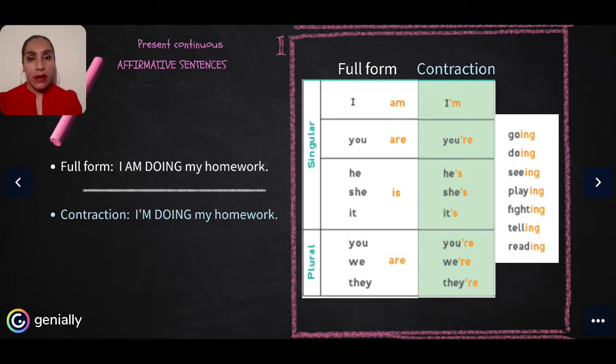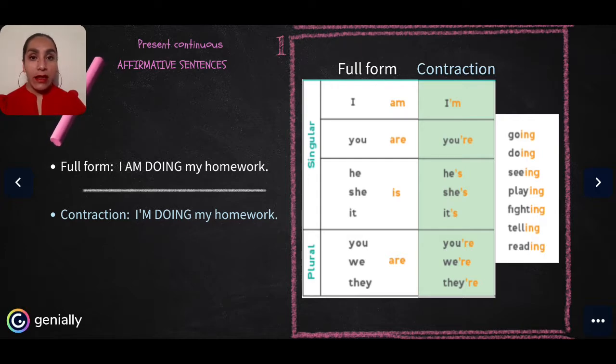Pueden hacerlo en una hora del día en el que se encuentren solitos o pueden hacerlo en voz baja. El chiste es que lo vayan repitiendo. Entonces, escuchen y repitan. I'm, you're, he's, she's, it's, you're, we're, they're. Easy, right? Fácil, así es que a practicar.